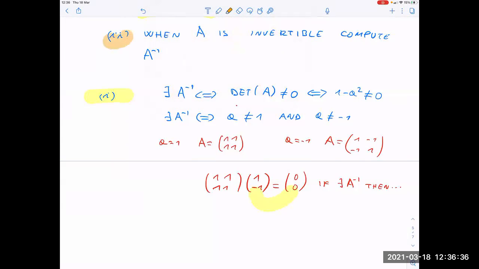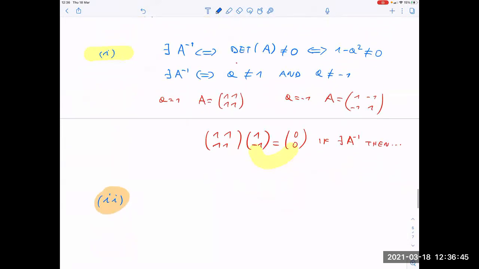To compute the inverse, it is just a matter of using the formula, because the formula tells me that A minus 1 is equal to 1 over the determinant. And then I have to perform the computation.